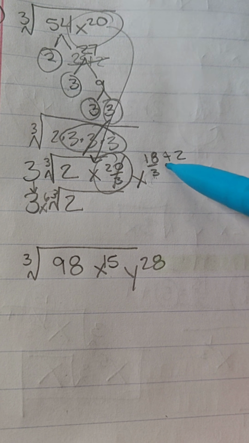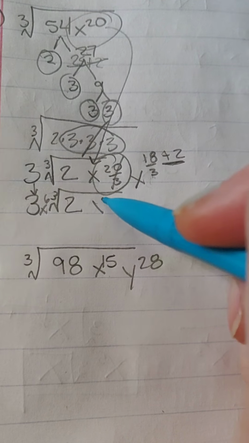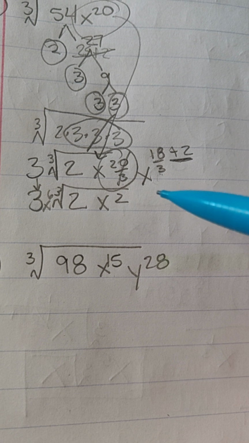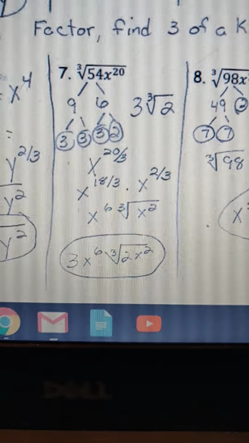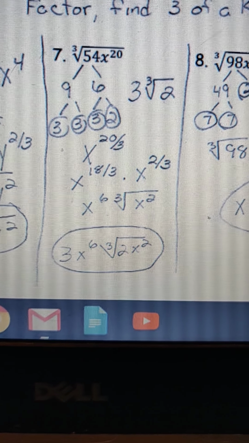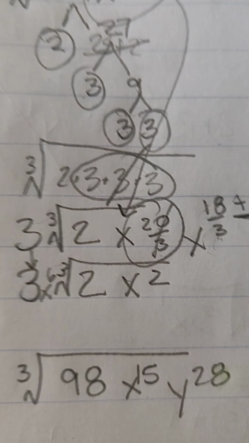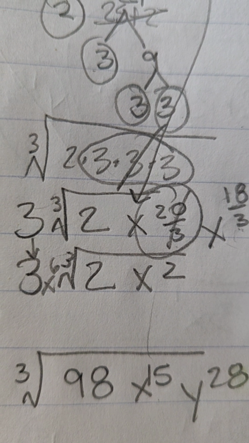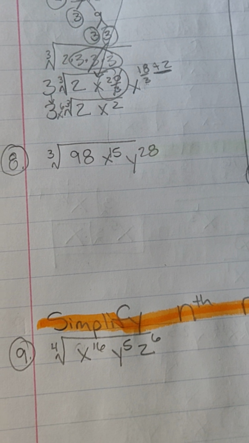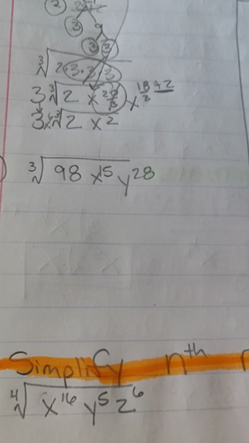And then how many are left over? There are 2. So I write X to the 2nd. So we've got 3x to the 6th cubed root of 2x squared. And that was our final answer here. Okay. Moving on to our last example of cubed roots.